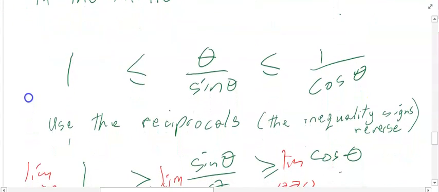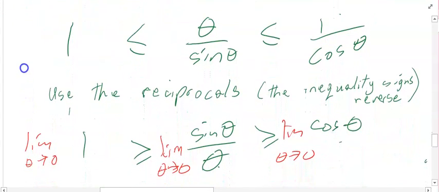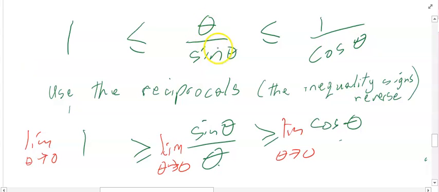Then we have to use reciprocals because we want this to be sine of theta over theta. If we invert it, notice the inequality signs reverse. So we have 1 greater than or equal to sine of theta over theta greater than or equal to cos theta. Now it's good to take limits.